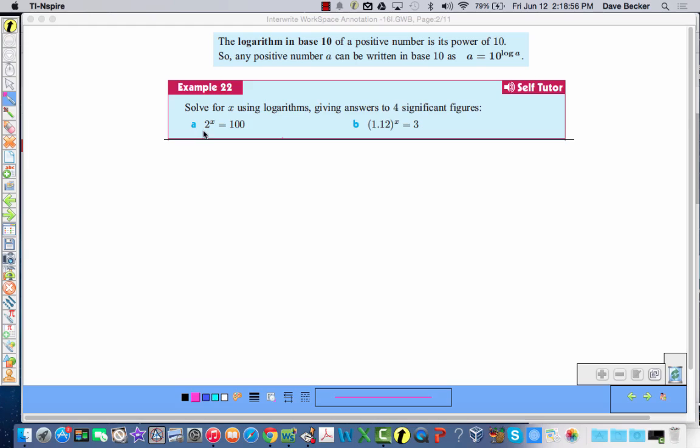And I can't get the same base, but what I can do is rewrite both with a base of 10. So 10 to the log 2, to the x. Yes, I'm rewriting 2 as 10 to the log 2. And I'm going to rewrite 100 as 10 squared. Nice, huh?